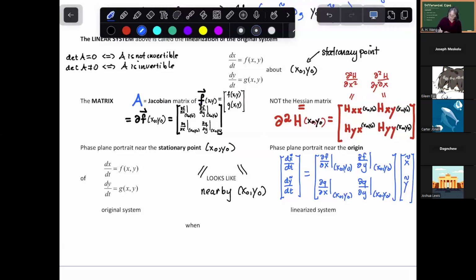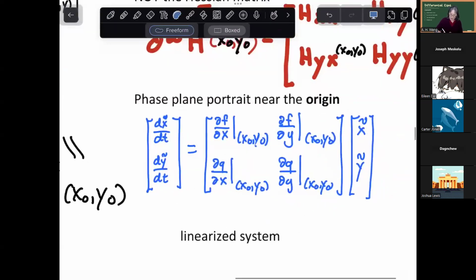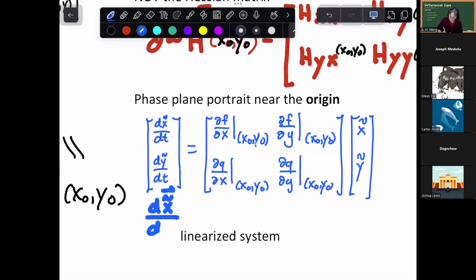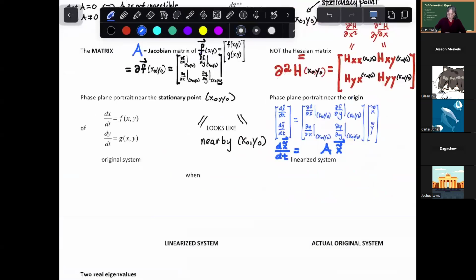Let me make this a little bit smaller, and let's take a look over here. This is dx tilde dt equal A x tilde. This is the linearized system, and you guys know how to draw those. Those are the 15 that you have to have memorized.